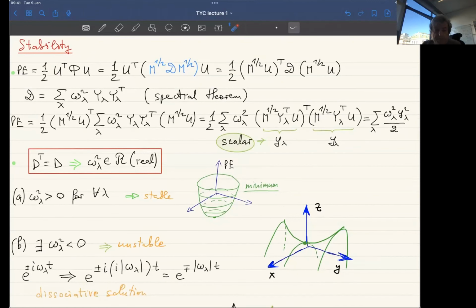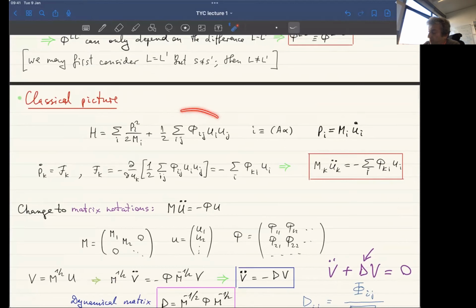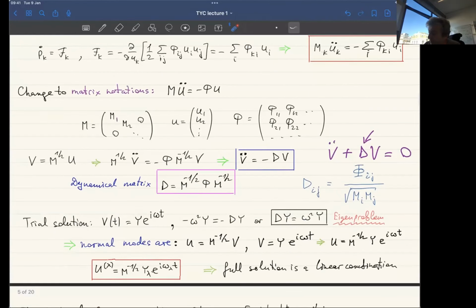Let's consider the potential energy of the system now. The potential energy of the system is that quadratic form we came about before. As you know from mathematics, a quadratic form like this can be diagonalized, and the solution we obtained actually diagonalizes this quadratic form.